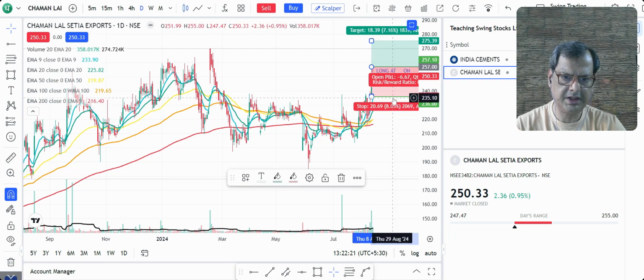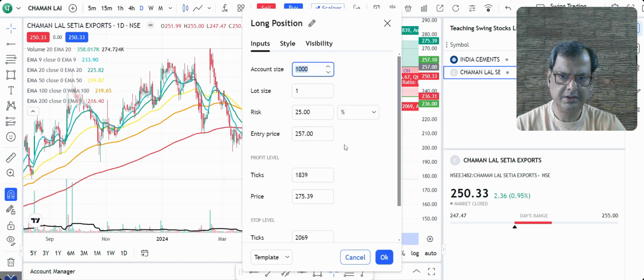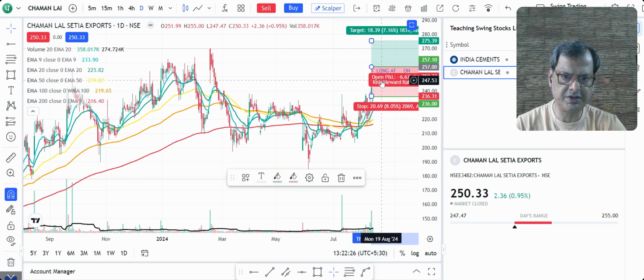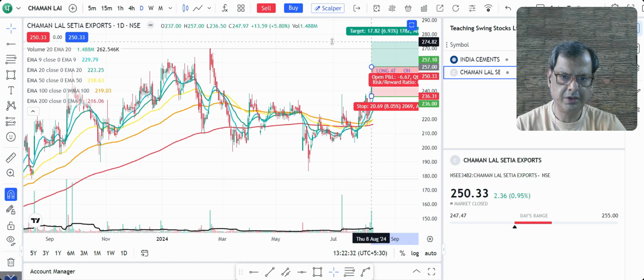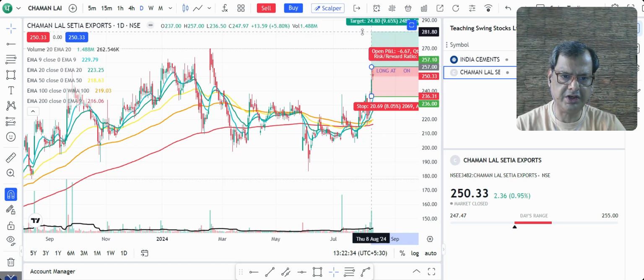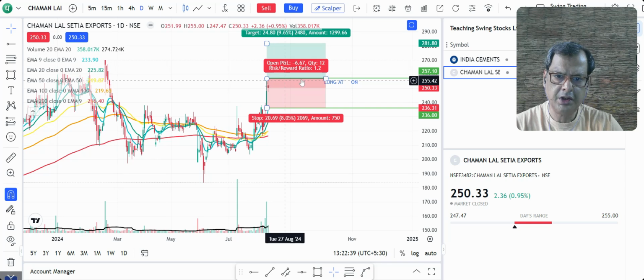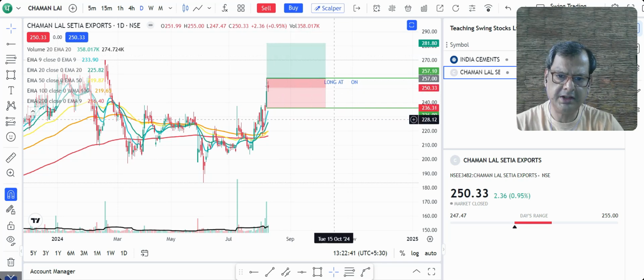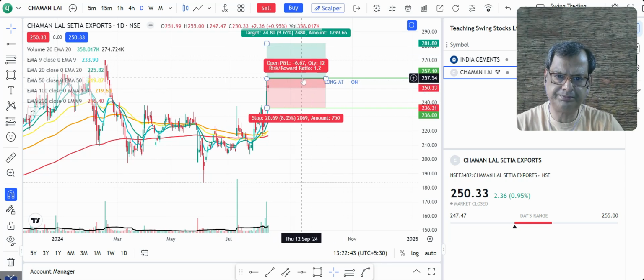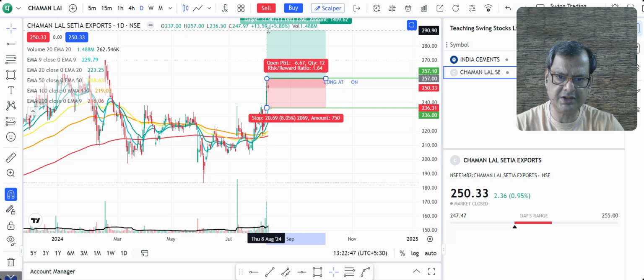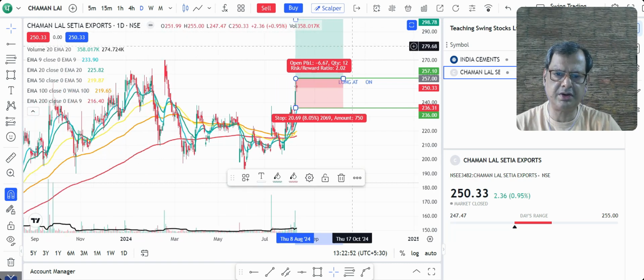If your stop loss is somewhere here, you want at least a 1 is to 2 reward ratio. Let me make this chart here. So right now, this reward ratio is about 1.2, so we need to increase it to at least 2, right?